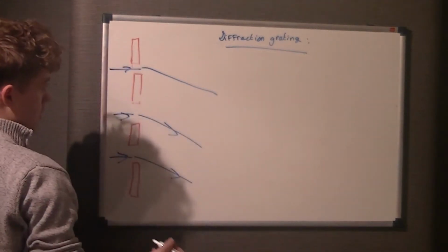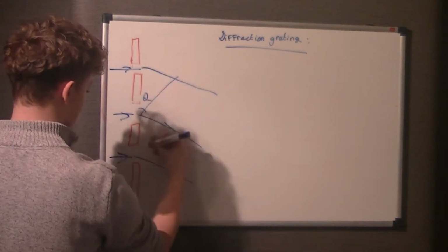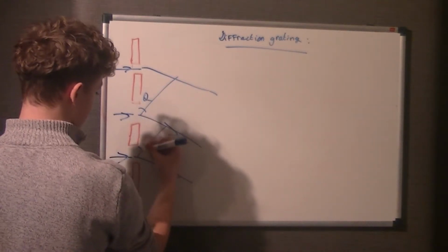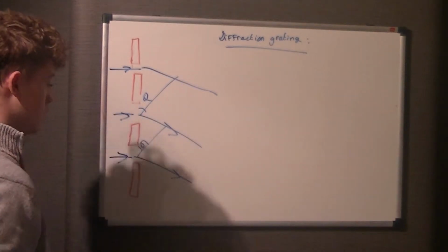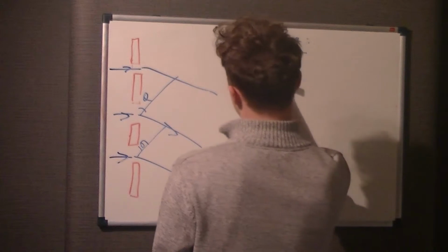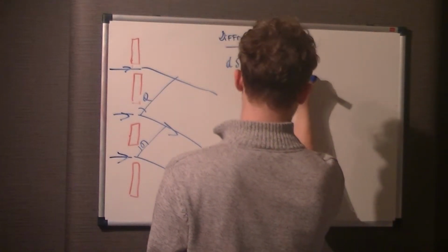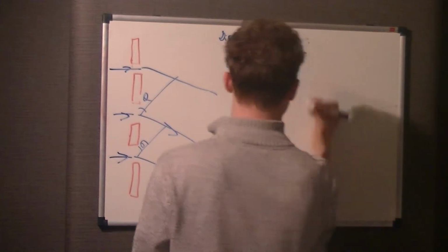And then you've got theta, which is the angle between the beams, and it's the same for each beam as you go down, so it should be theta as well. And this allows us to come up with the equation d sin theta equals n lambda.